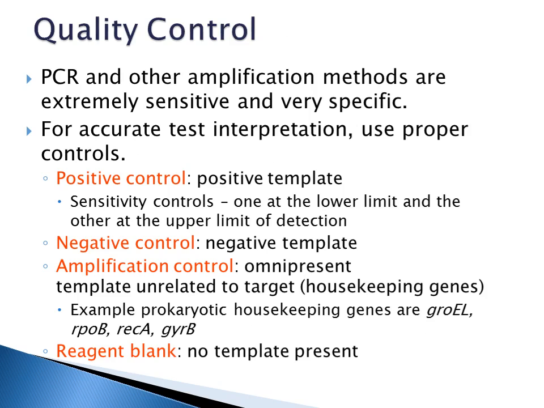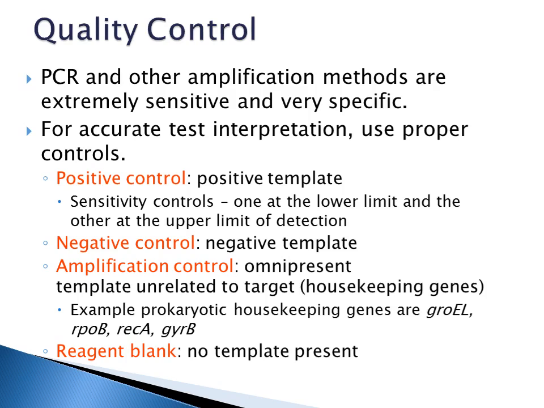We also have to consider quality control. So remember, our amplification methods, such as polymerase chain reaction, are very sensitive and very specific and also highly susceptible to contamination. So we have to make sure we control for all of these things. In order to accurately interpret any tests in the laboratory, as you all know, we need to have proper controls.